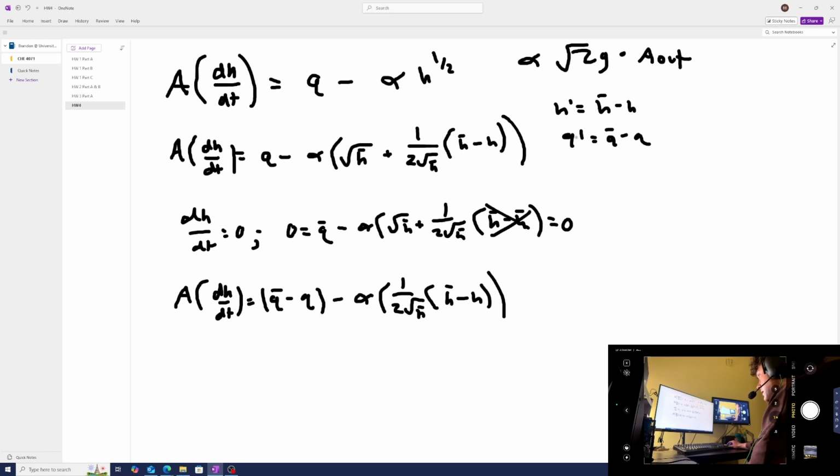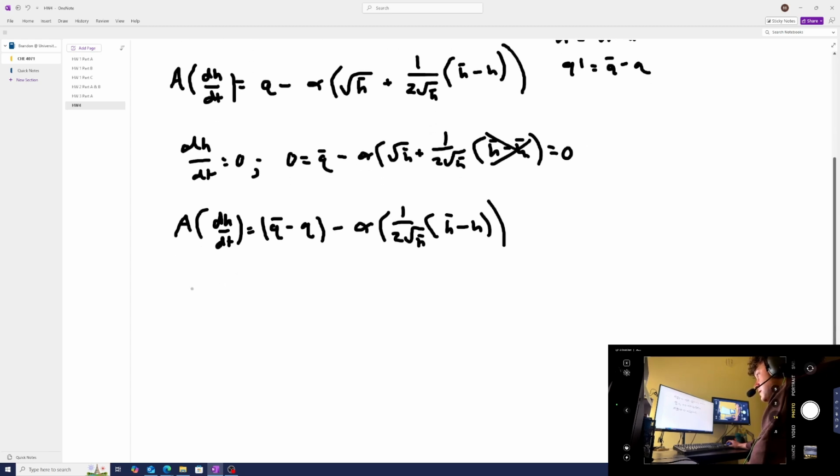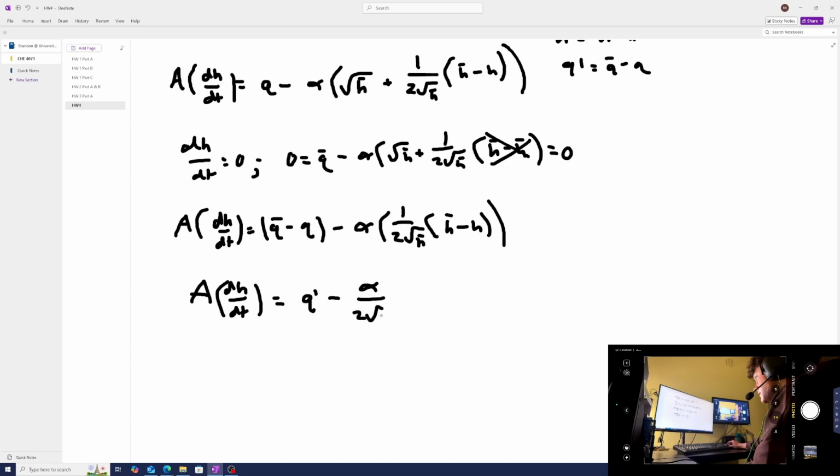So now we can substitute in our deviation variables, giving us A dh'/dt is equal to our q prime minus alpha over 2 square root of h bar times h prime.